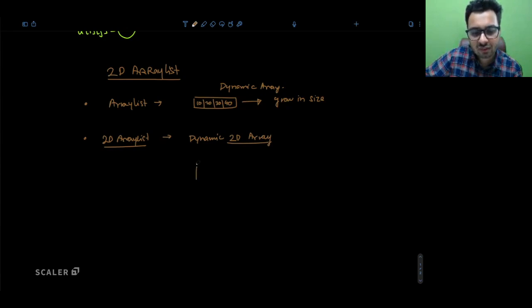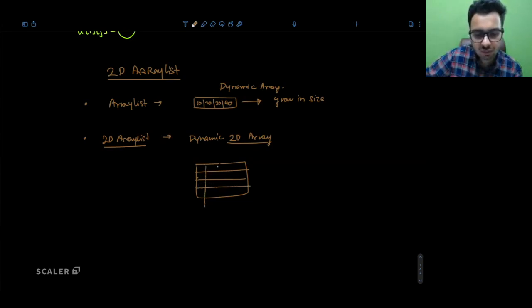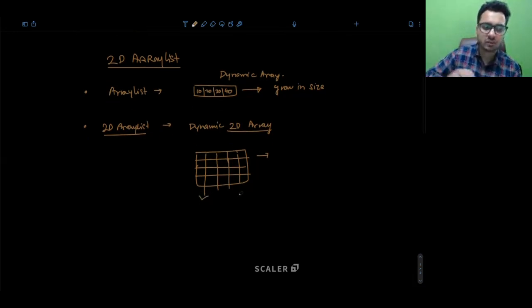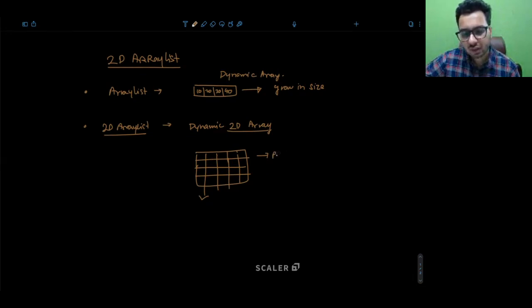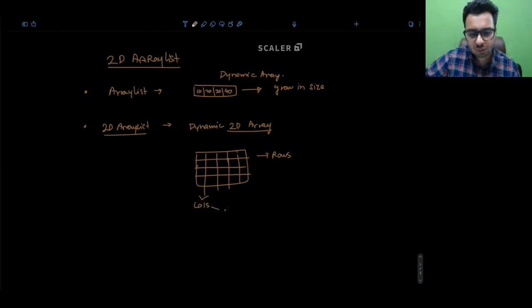Now, if I have a 2D dynamic array, in what direction will it grow? Will it grow along the rows or along the columns? People are saying both, which is absolutely correct. It can grow along rows and also along columns. That means you can add more rows inside the array list. Sorry, I wrote the reverse.